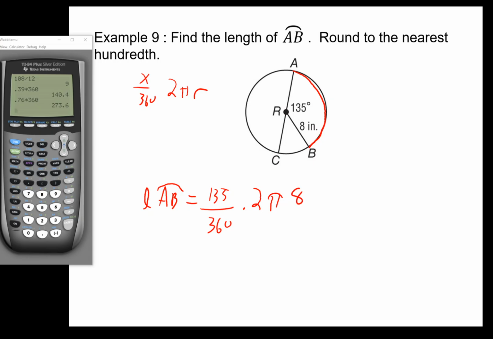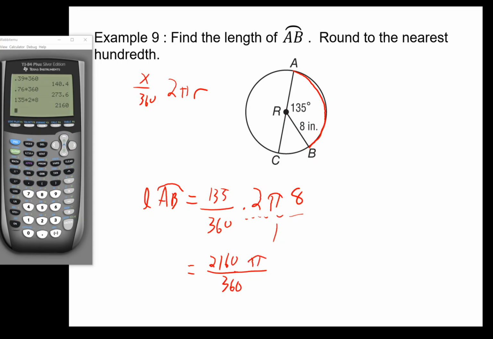Now, I want you to think about all this as essentially being over 1. I'm going to go ahead and simplify this as much as I can. So that gives me, let's leave the pi on the end, 135 times 2 times 8 is 2160. 2,160 over 360, and that pi is also in the numerator.